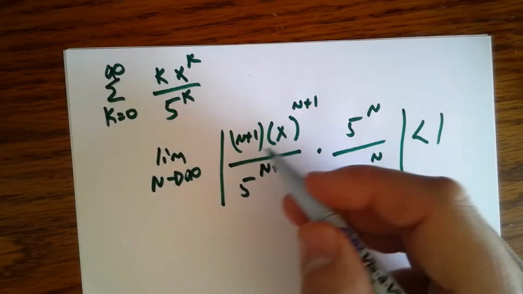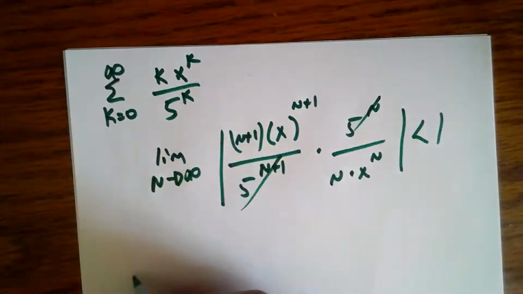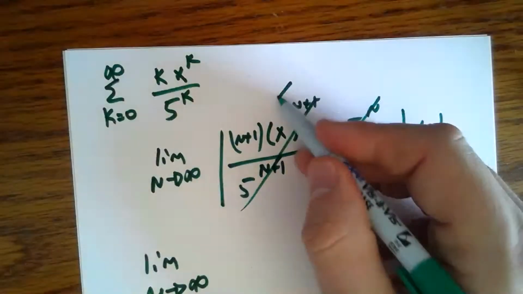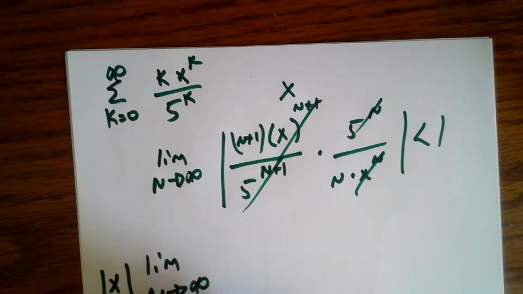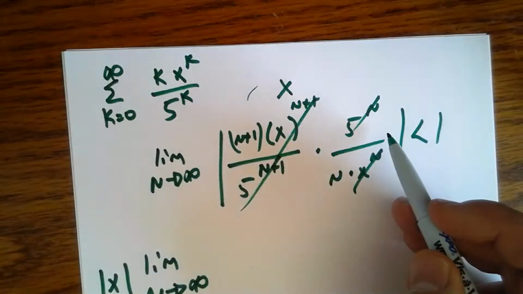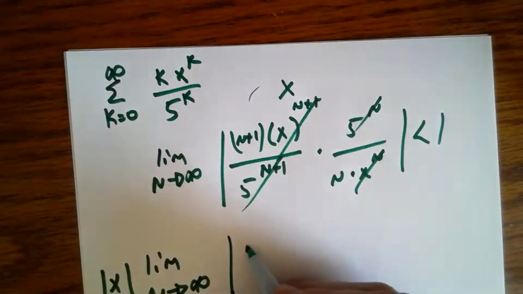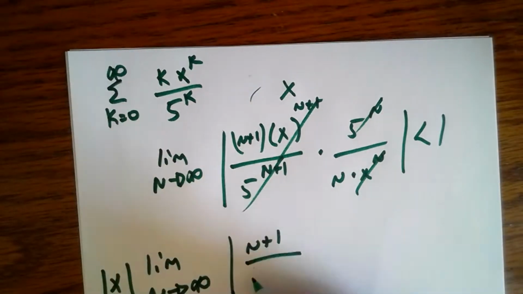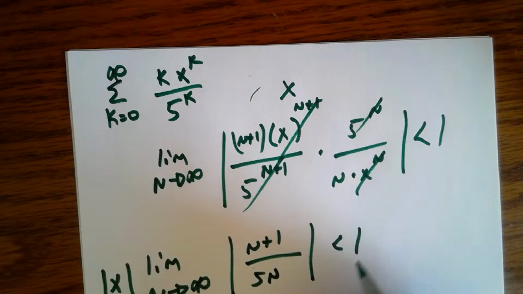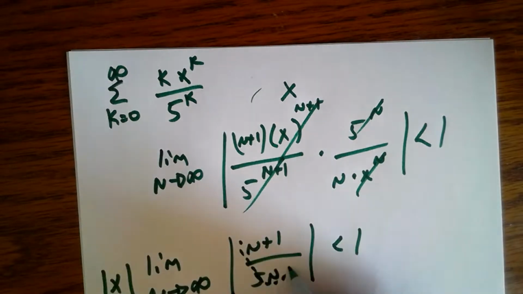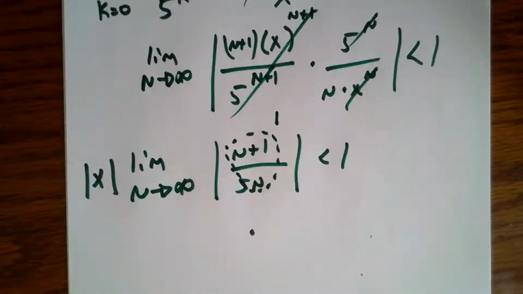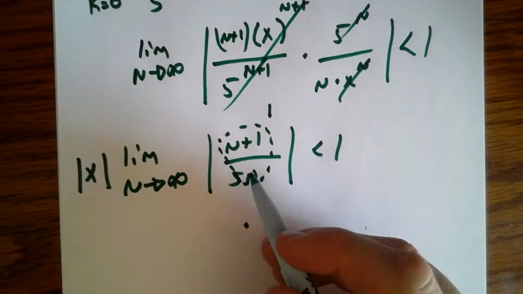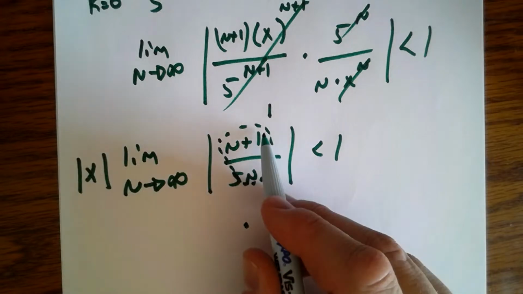All right, and then we did that and that just gave us 5. So the limit as n goes to infinity, that just gives us an x power. So we took out the absolute value of x, because it didn't have anything to do with n anymore. We had inside the absolute value (n plus 1) over 5n, which we know as n goes to infinity goes to 1.